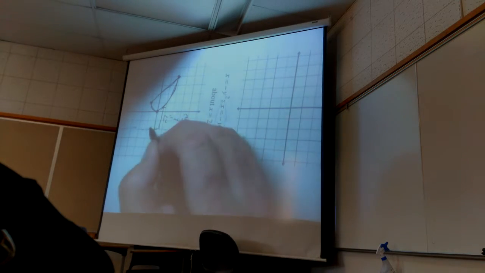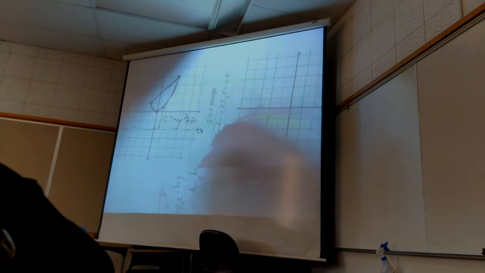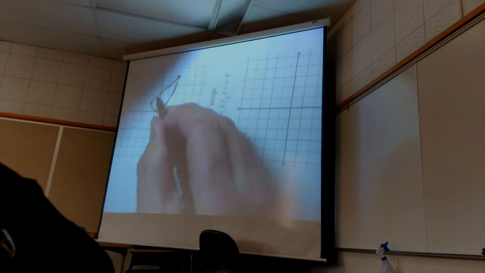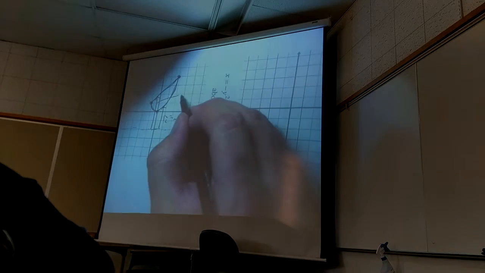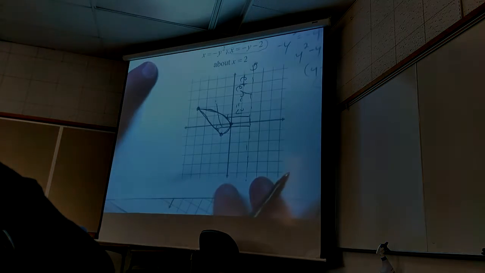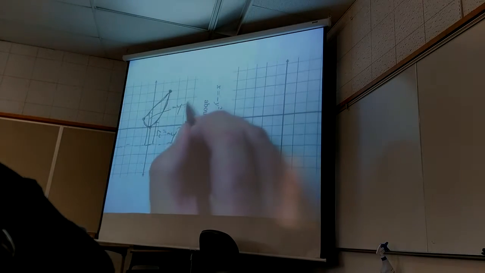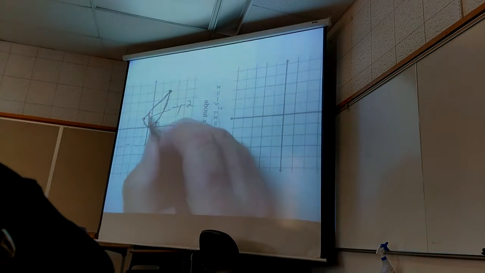And what's the outer radius going to be? And then that's going to be negative y squared plus 2. And what's the outer radius going to be? Yes, negative y minus 2 plus 2.